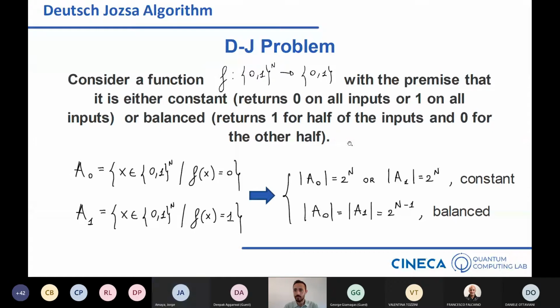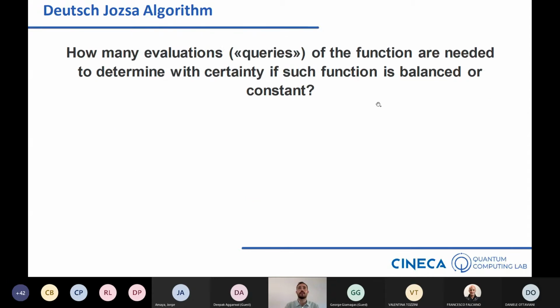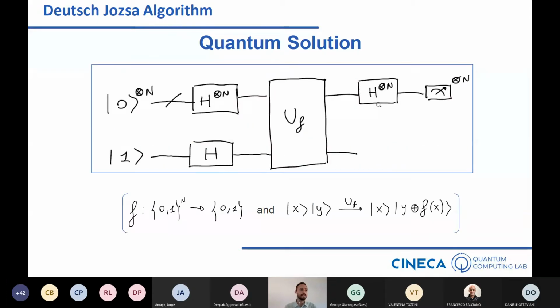Okay, let's go on. I don't know how many people there were before the crash, but I hope we are all here again. So we were at this point: we have this function with this circuit, this is the Deutsch-Jozsa algorithm.